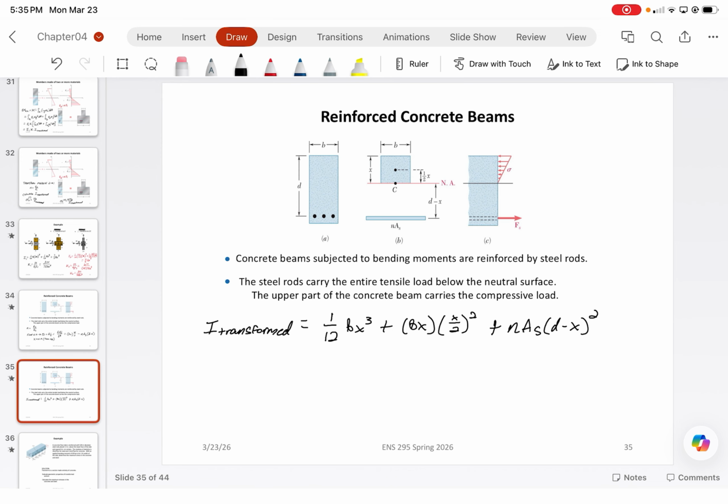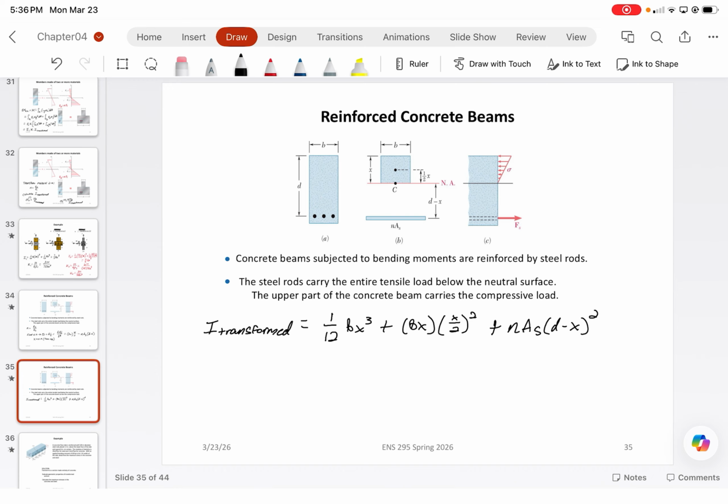So the 1 over 12 bx cubed is just your Ix from your standard rectangular tables. And then you have the sum of A d y squared. That's what those other two terms are. One thing you'll note is we're not accounting for the circular component of the moment of inertia equation, and that's because the size of the rebar is generally so small that we just ignore it completely. So we basically just approximate it to 0.